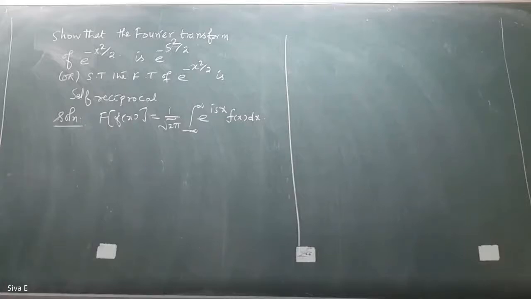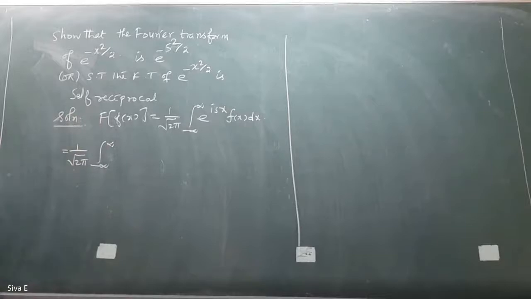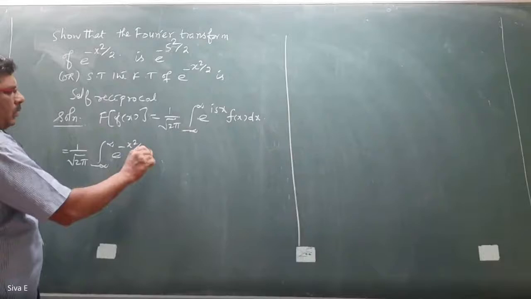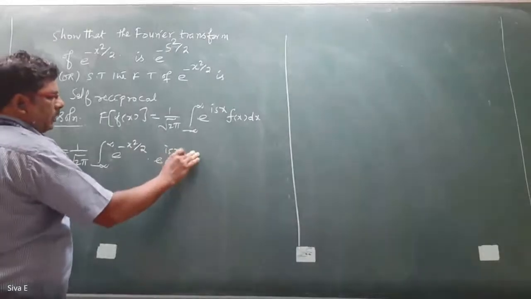What is f(x) here? f(x) is e power minus x square by 2. Substitute. So 1 by root 2 pi integral from minus infinity to plus infinity e power minus x square by 2, e power isx dx.